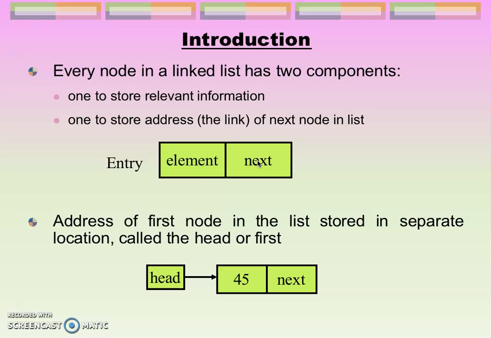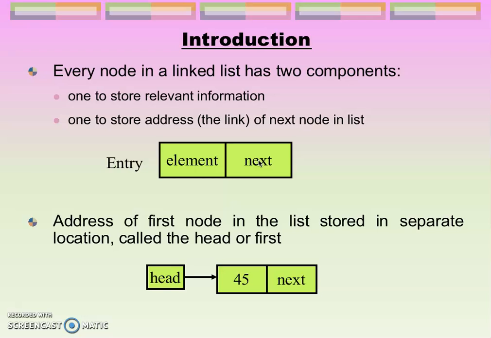Sebab apa kita kena simpan address to the next node? Kalau array list, we know that the next node should be contiguous atau bersebelahan dengan the current node, tetapi not for linked list. In a linked list itself, the next node can be located anywhere in the computer memory. So how can we know where the next node is?